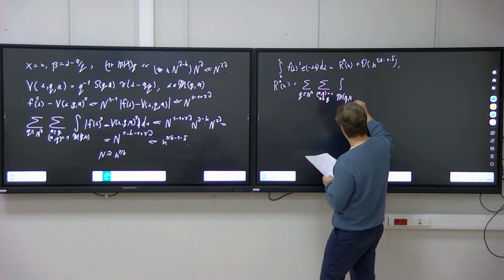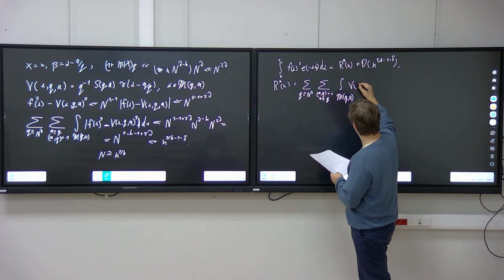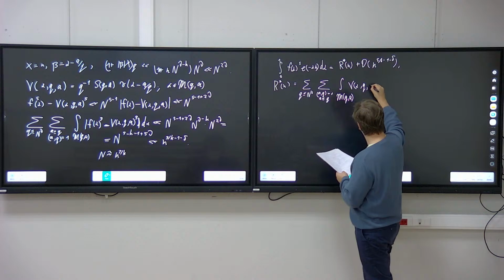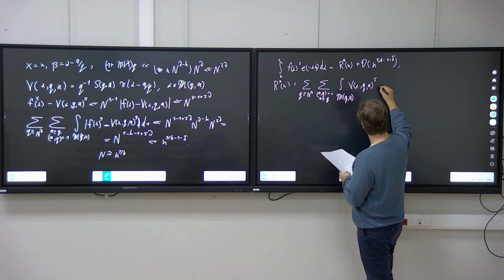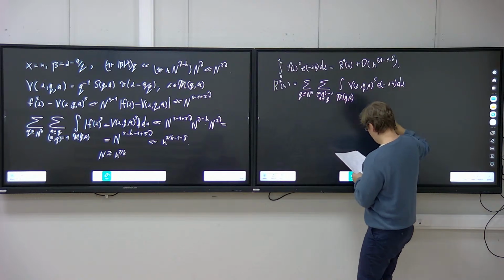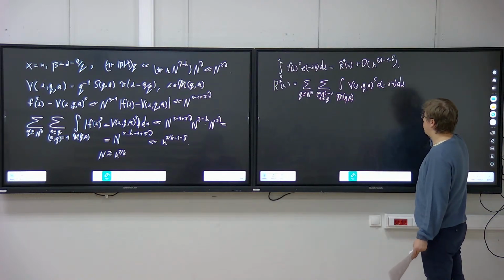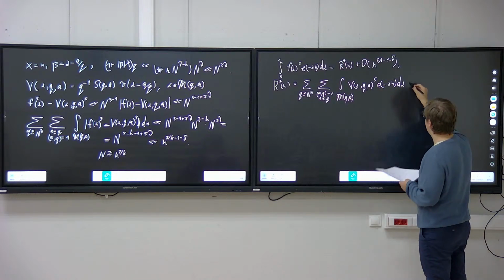So it's the integral over major arcs of our v of alpha, q, a to the power s, exponent of minus alpha n, d alpha. And the claim is that we can decompose this in a product like that.